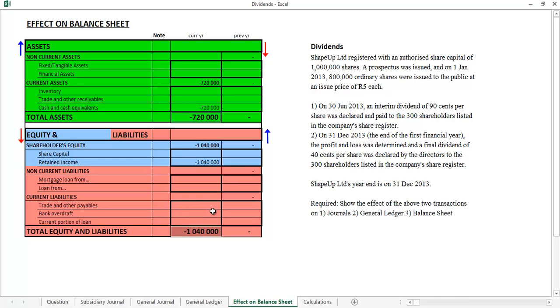It will most probably be paid very soon within the next year. So trade and other payables, we're going to put equal to calculation 2. And we can write that. And now we can see that my total equities and liabilities is equal to minus 720,000 as well. That's just this transaction. Obviously there would be other transactions, but we're just isolating this transaction. Great.